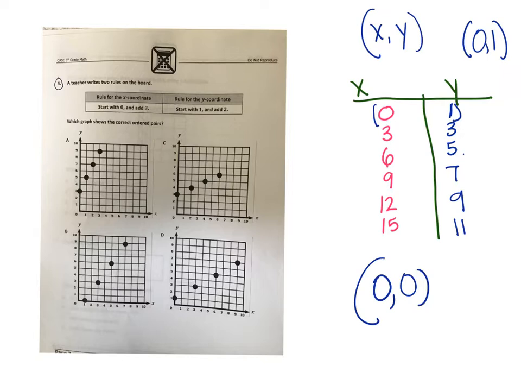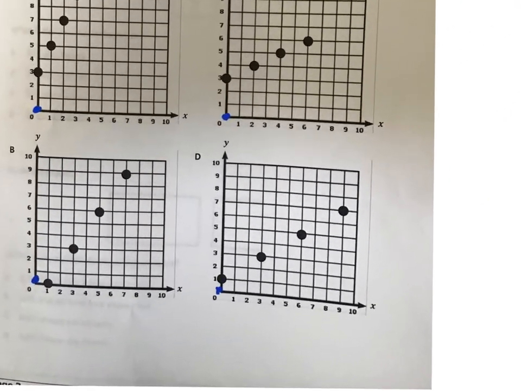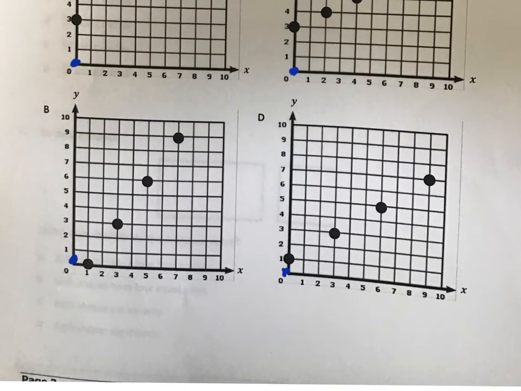So if we look right here where the x-axis and the y-axis meet, we have (0, 0). We're looking for one of these charts that has (0, 1) plotted. So we're not going over any, but we're going up 1.